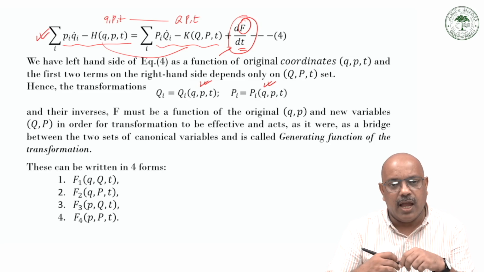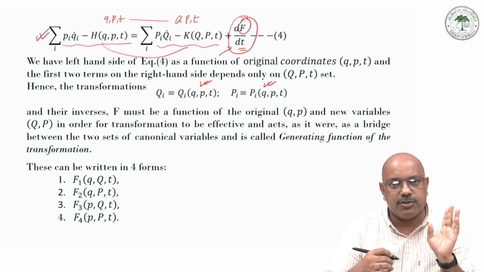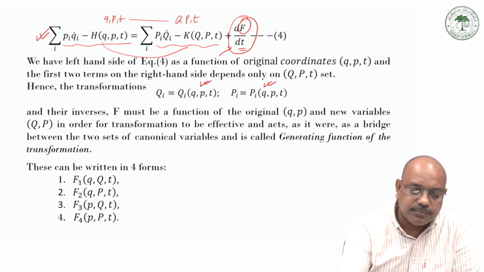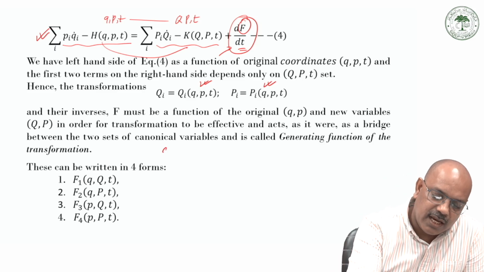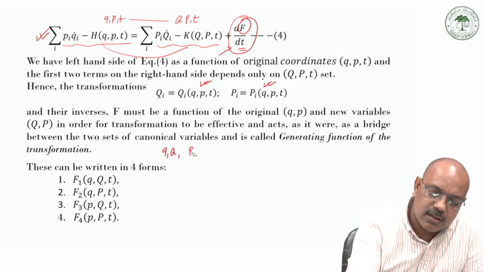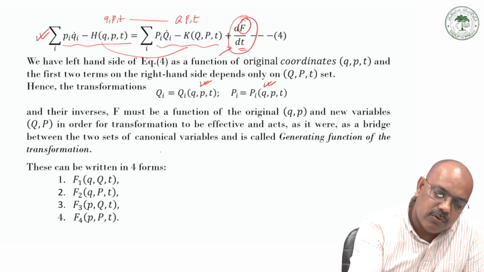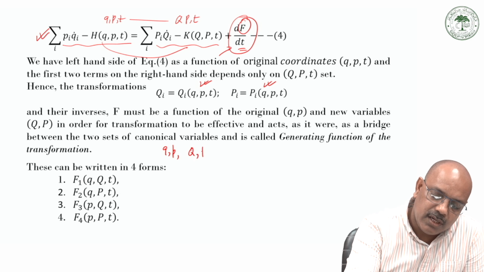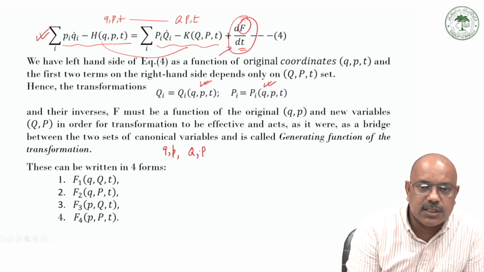So there we are going to have four options for that f. We have t, we have q, and we have p. I have old coordinates small q, small p, and new coordinates capital Q and capital P. So what combinations can we make?